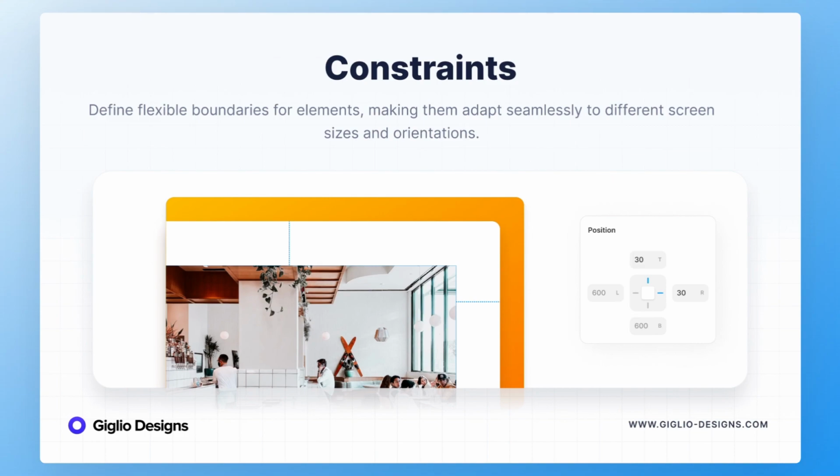Constraints define flexible boundaries for elements, making them adapt seamlessly to different screen sizes and orientations. Constraints are going to be your Swiss Army knife when it comes to creating these boundaries and establishing clear rules that are not only going to work in the default desktop version, but especially on mobile, they're going to be really useful.